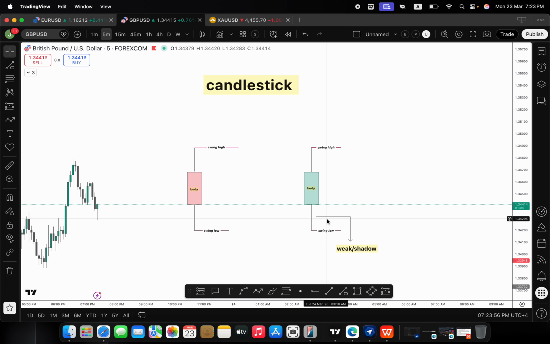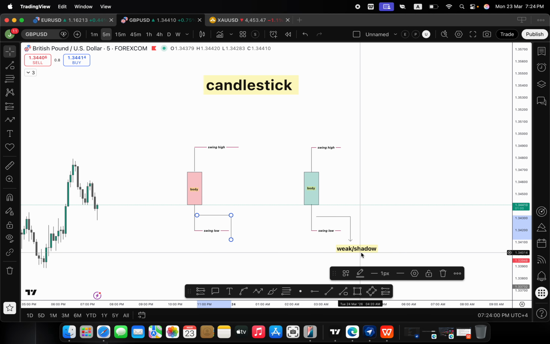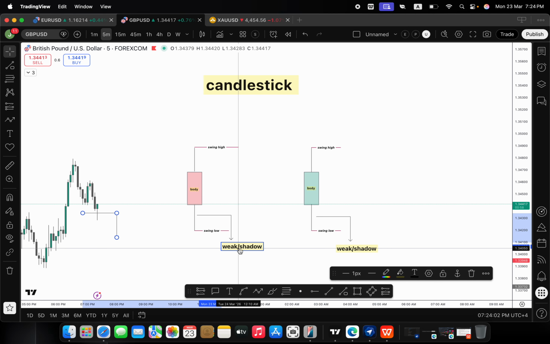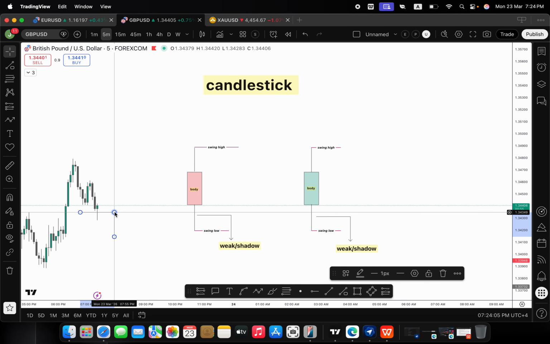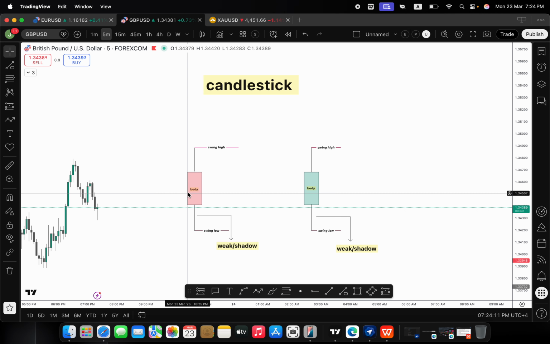So here is the same with here. It's just the same. So the wick and the wick are the same. Okay. Then in this body, because we are treating candlesticks, we have to even touch the candlestick anatomy, which is the body parts. So we also have the open and the close.